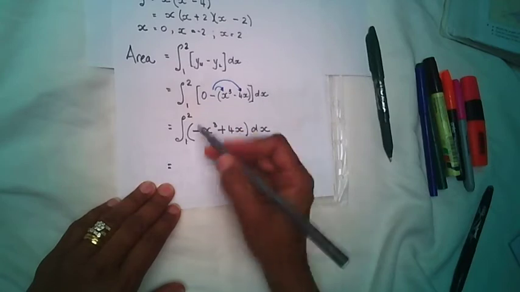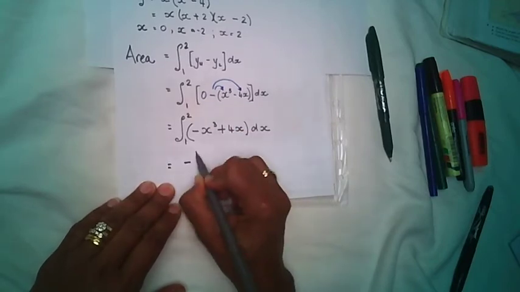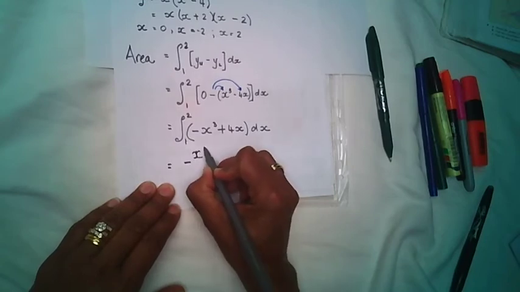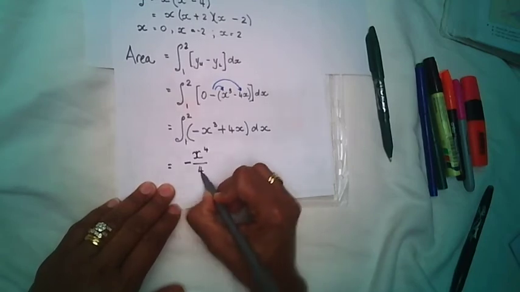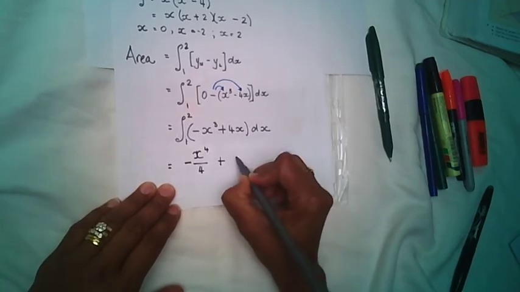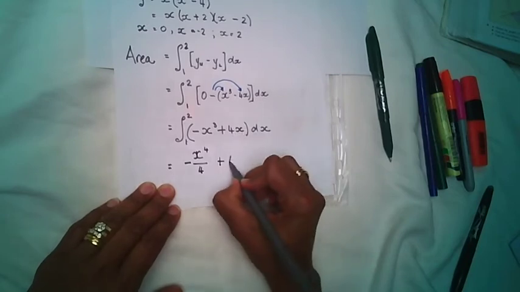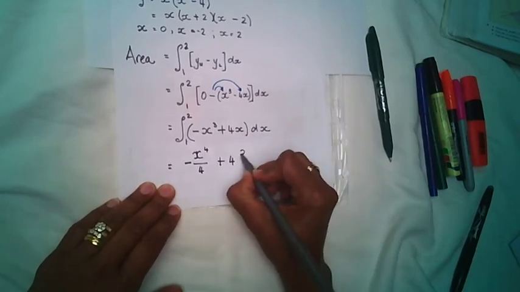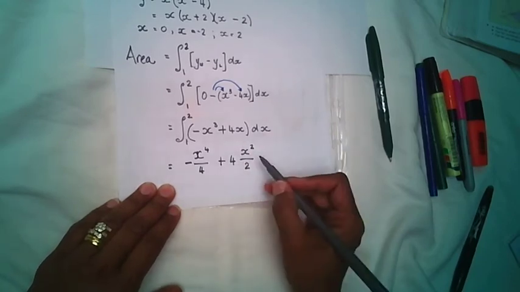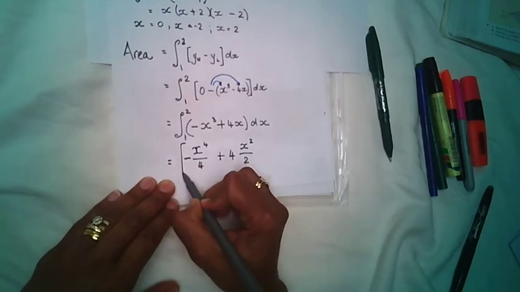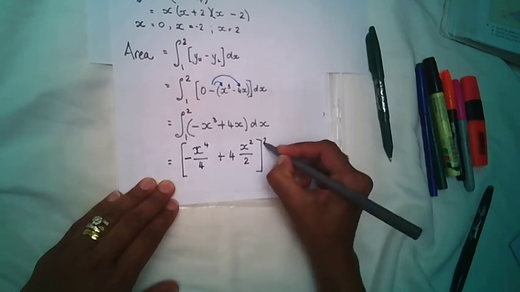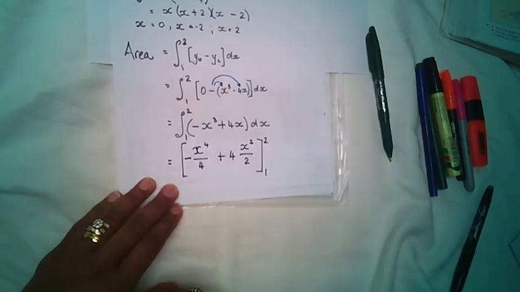Once you do that, you end up with your negative still there, x to the power 4 over 4, plus, if I do it in 2 steps, which I want to do just to show you where we're going, your x squared over 2. And because you've applied the integration rule, you can now take away the integral sign and keep the boundaries in place.